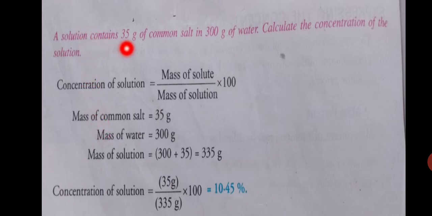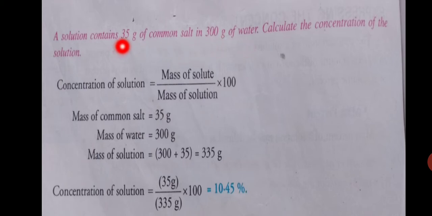A solution contains 35 gram of common salt in 300 gram of water. What is the 35 gram? It is the solute, common salt. Where is it dissolved? In 300 gram of water. The 300 gram of water is not the solution, it is the solvent. So we have to identify that.